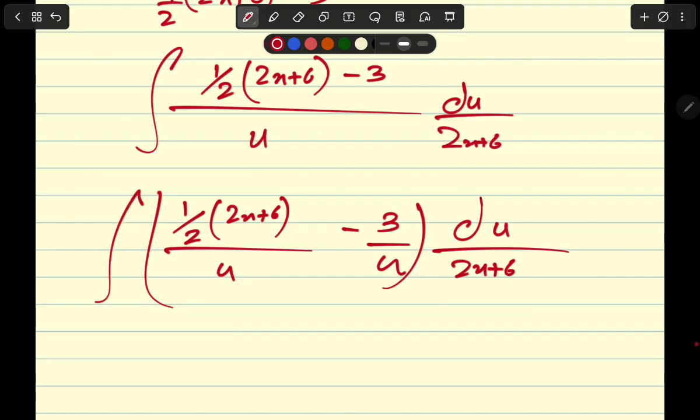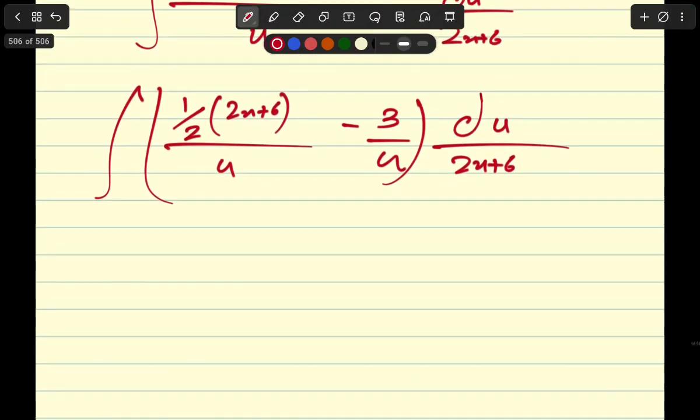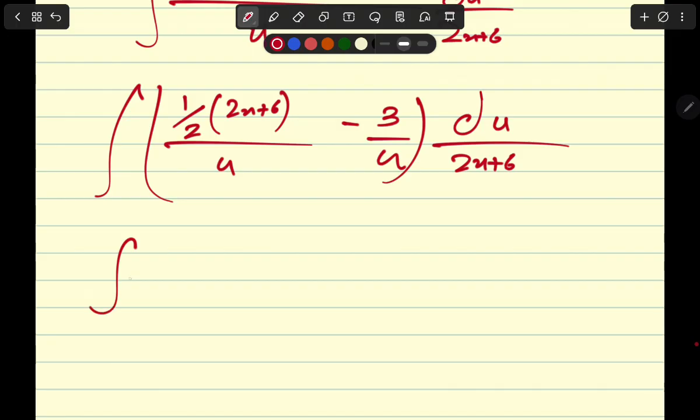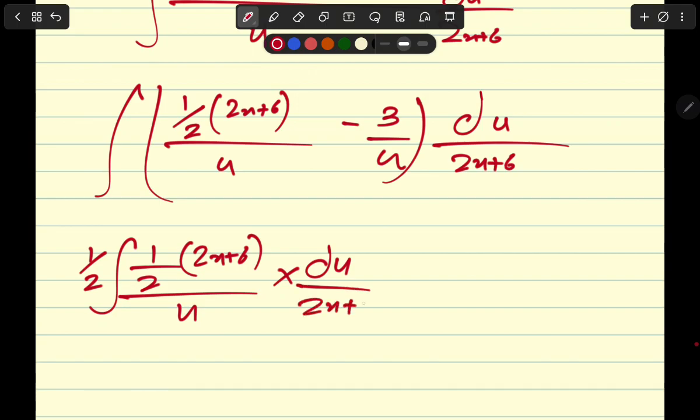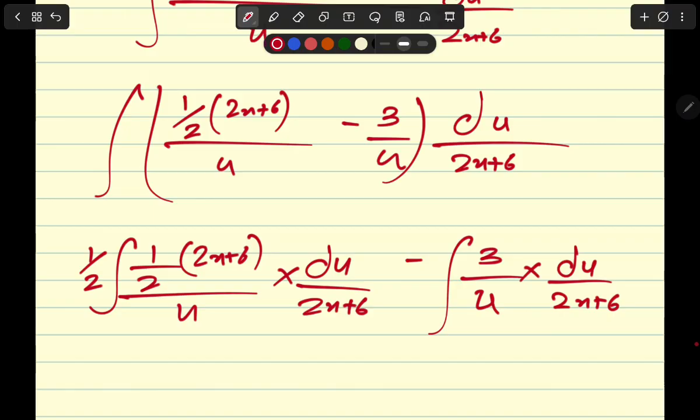So here we have the integral of half of (2x plus 6) upon u into du over 2x plus 6, and then the integral of 3 upon u into du over 2x plus 6. I'm just going to go back to x.